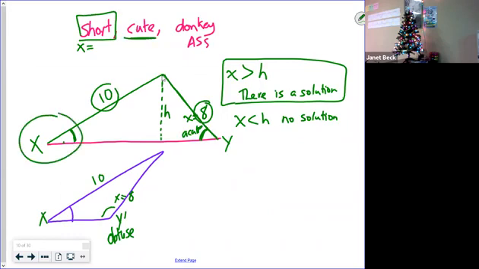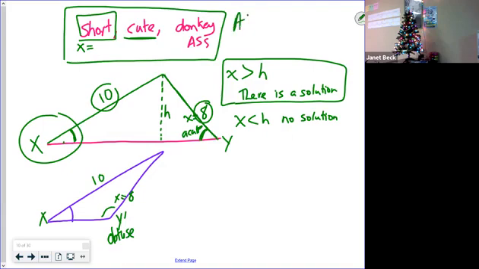If you've got a short, cute donkey of a problem, you have to work out the height to know how many solutions. If you don't work out the height, you're going to miss it when there's two solutions and you're going to lose 50% of the work. And you might also waste time doing work when there should have been no solution. If you've been given a short, cute donkey of a problem, always first work out the height.